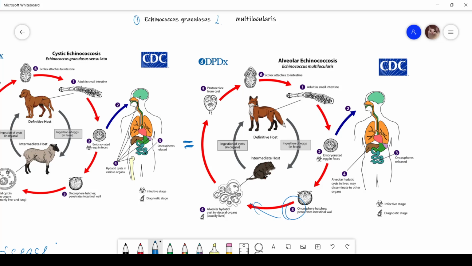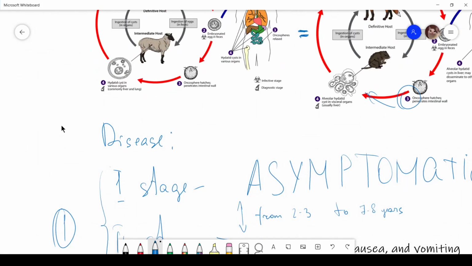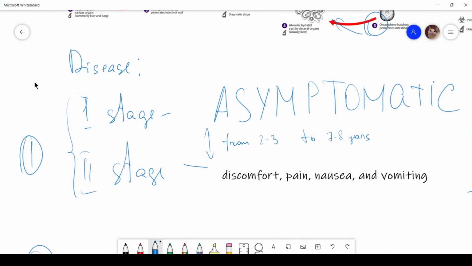Echinococcus granulosus infection often remains asymptomatic for years, before the cysts grow large enough to cause symptoms in the affected organs.